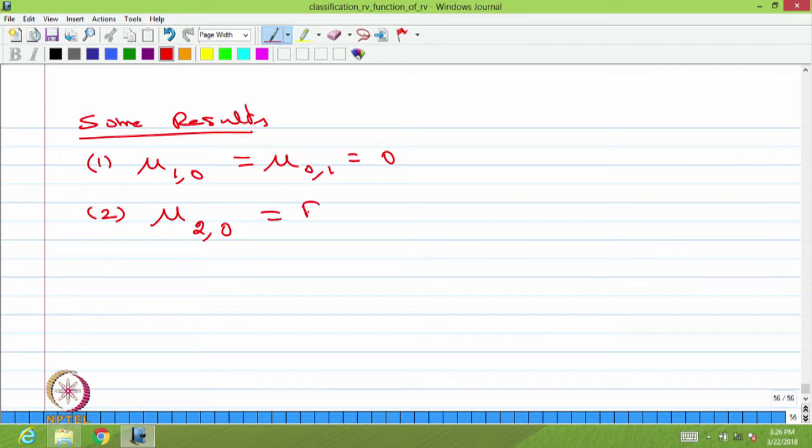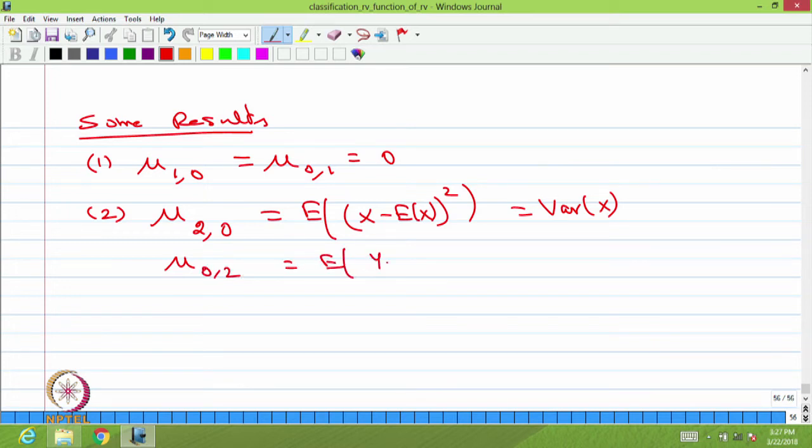That is the expectation of (X minus expectation of X) squared, and this is nothing but the variance of the random variable X. Similarly, mu of 0, 2 is the expectation of (Y minus expectation of Y) squared, which is the variance of Y. When you substitute positive integers for i and j, you get the central moment of order i, j for the random vector (X, Y).